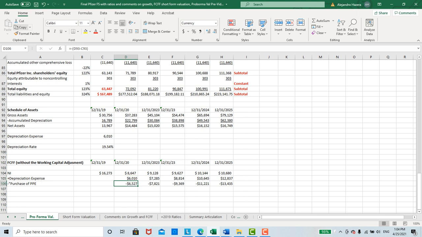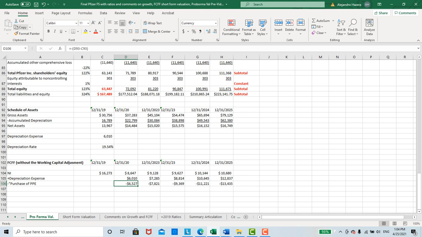These numbers actually aren't bad because if you notice, this company's not growing very fast. If a company is growing fast, then the purchases of property, plant, and equipment should be way larger than your depreciation expense. Whereas if a company is growing slowly, purchases of property, plant, and equipment should be not much higher than your depreciation expense.